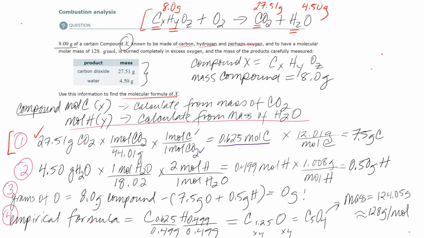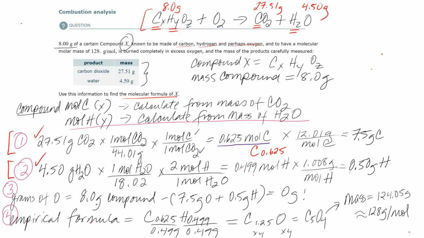Again, this must be the same molar quantity as what is in our unknown compound. So basically, we have the start of an empirical formula here. We can say that Cx, our x, must be 0.625.